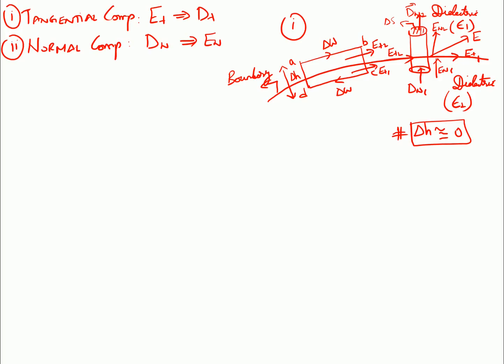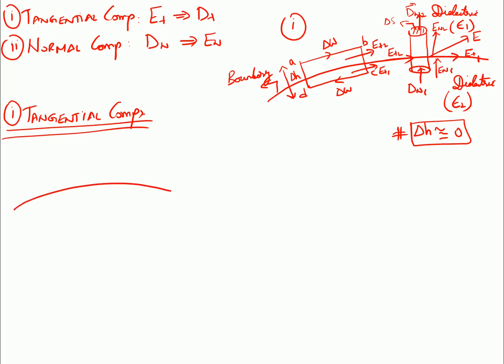So let us first do the tangential component number 1, and see what will be the equation for the tangential component. So let us draw the boundary again for simplicity.